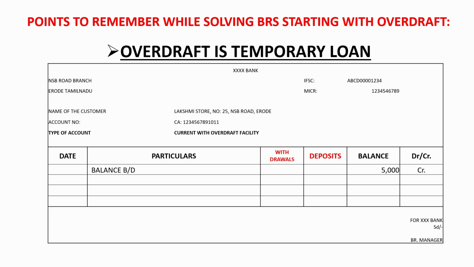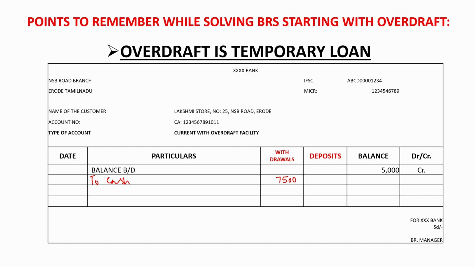For example, you got a balance of rupees 5,000 on a particular day, and you need an amount of rupees 7,500. So you are trying to withdraw 7,500 from your bank account.